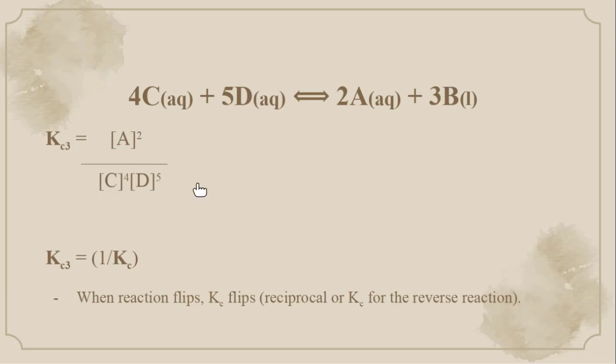Now it is different in that the product is now A, and the reactants are now C and D. So my new one, Kc3, will be flipped, so now the numerical value will also be flipped. Let's say our numerical value for K originally was 10. What would be the new Kc with this new change?